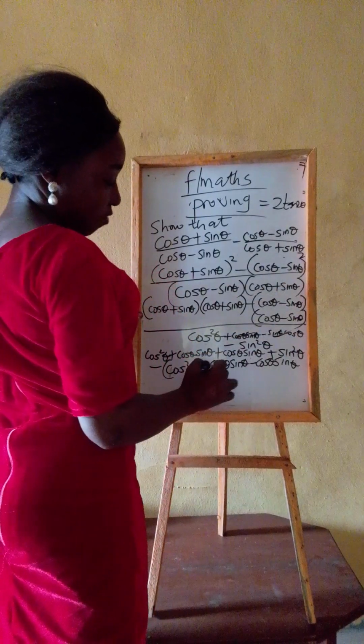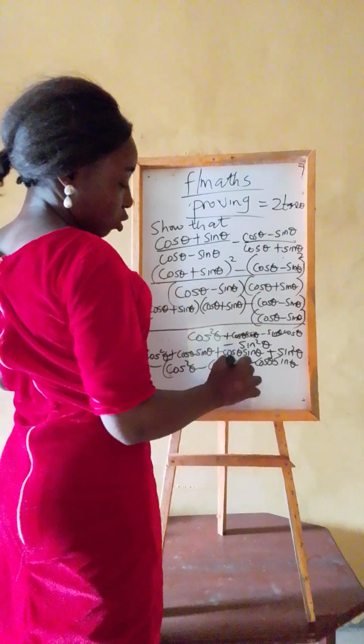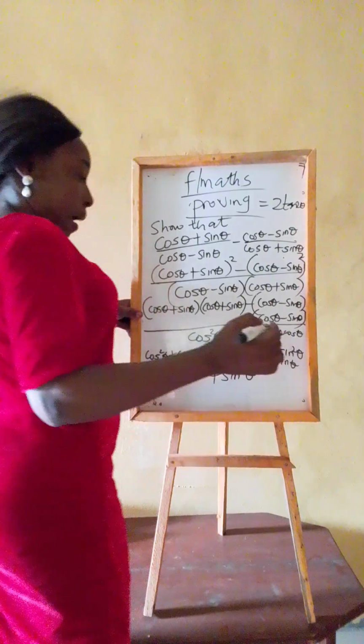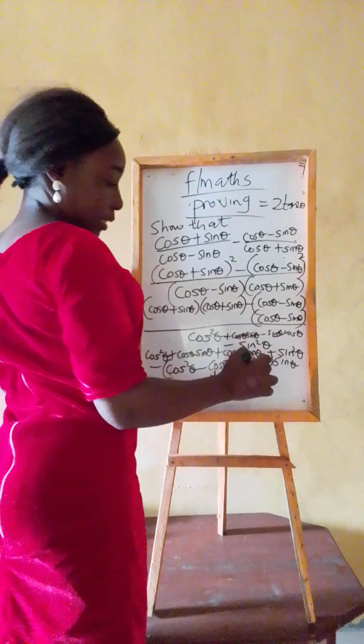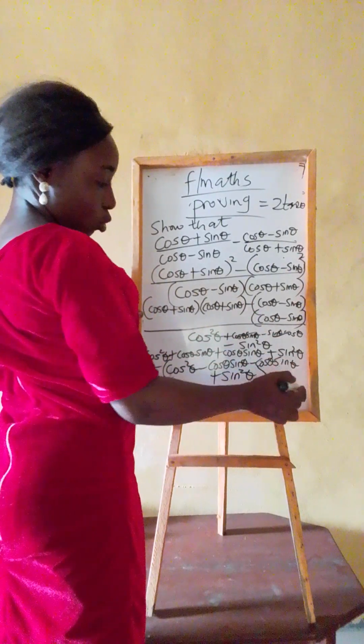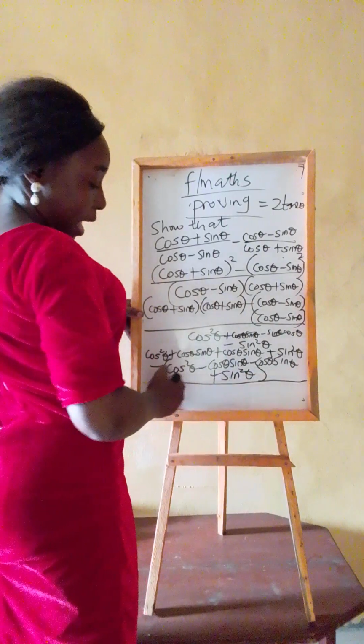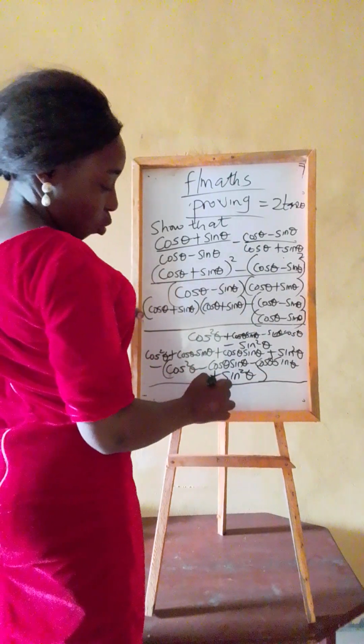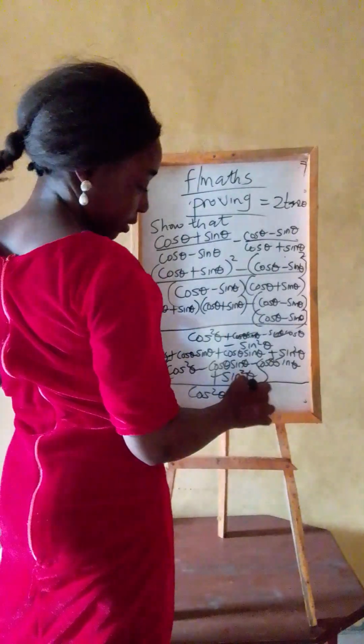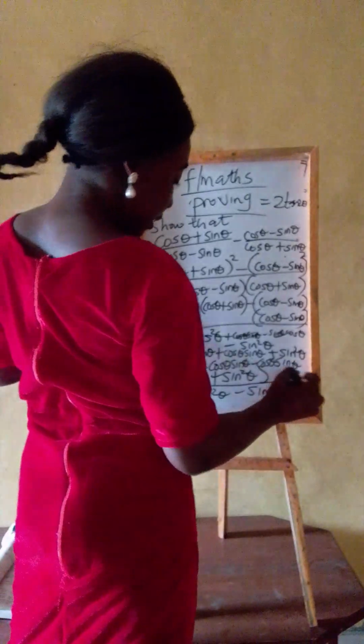This times this, plus sin square theta. So, over cos square theta minus sin square theta.